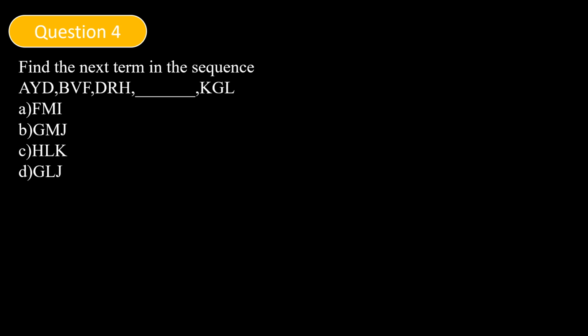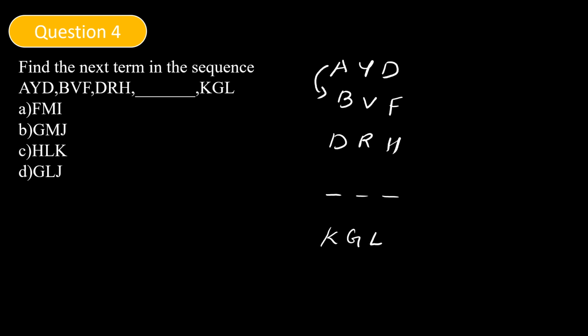Find the next term in the sequence AYD, BBF, DRH, dash, and last is KGL. We can see that for the first letters, A to B is plus 1, B to D is plus 2. Now this will be plus 3, that is E, F, G. Now this is H, I, J, K, that is plus 4. The second letters will be Y to V, that is minus 3.